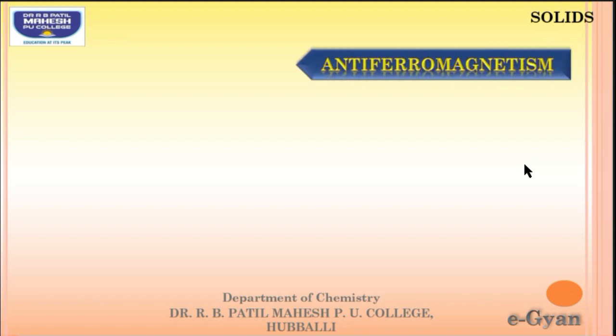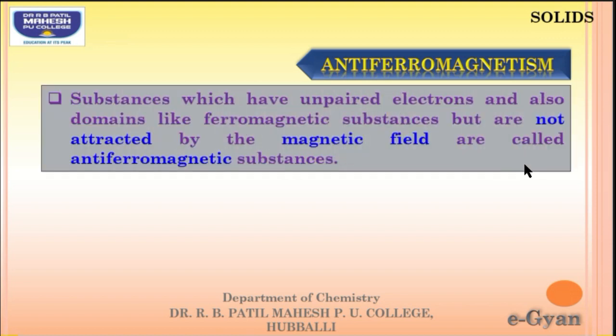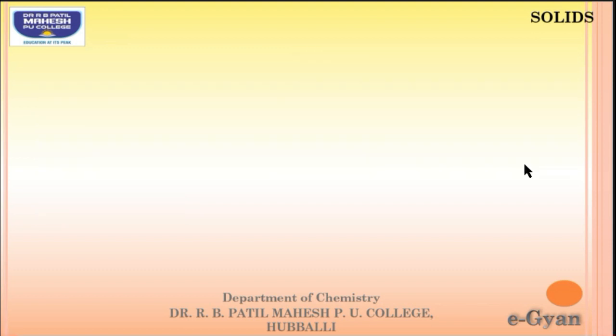These are substances which have unpaired electrons and also domains like ferromagnetic substances, but they are not attracted by the magnetic field. They should act like ferromagnetic substances, but they do not. That means they are not attracted by the magnetic field, and they are known as antiferromagnetic substances. Example is MnO, manganese oxide.